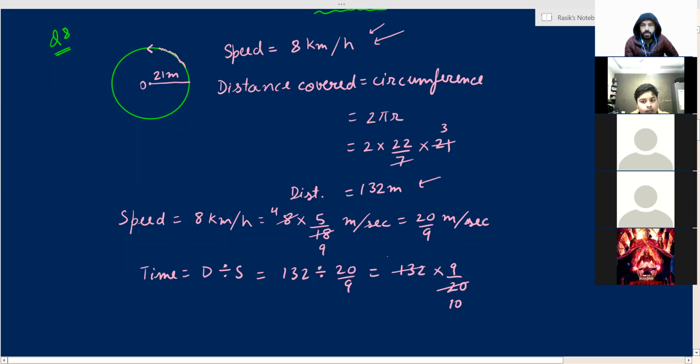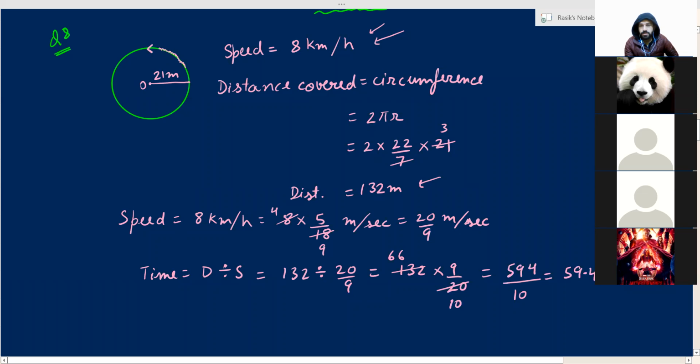So 66 into 9. 9 sixes are 54, 54 plus 5, 59. So 594 upon 10, which is equal to 59.4 seconds. Why seconds? Because the speed is in meter per second, so time will be in seconds.